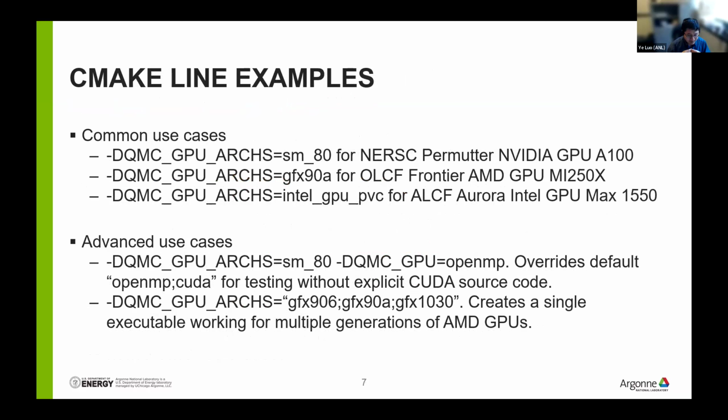However, if you're a very advanced user, say you're debugging certain features or developing features and you don't want all the noise or unknowns from CUDA, you can specifically set QMC_GPU equal to OpenMP. It overrides the default CUDA scenario.